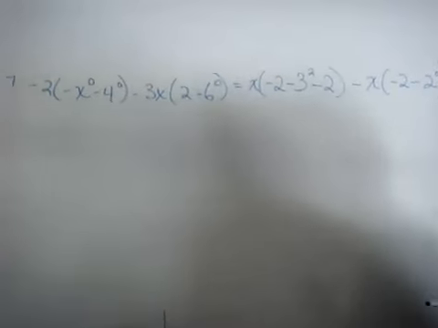So negative times negative is positive, negative 6x, negative times a negative will be a positive 1, equals minus 2x, this would be 9, so it would be minus 9x, minus 2x, plus 2x, plus x. Negative times a negative is positive.